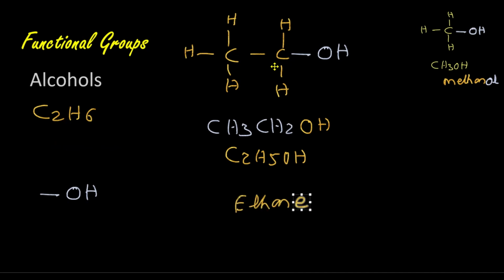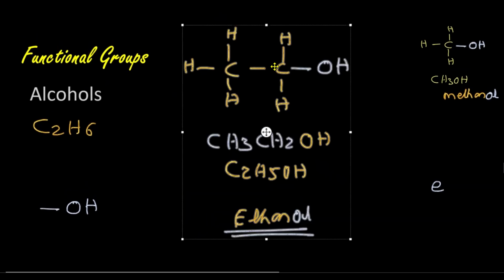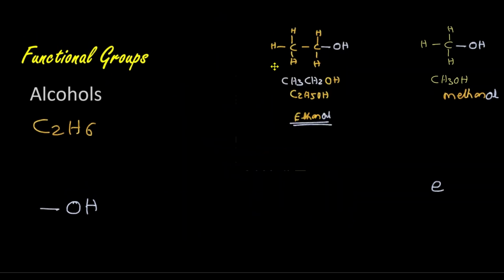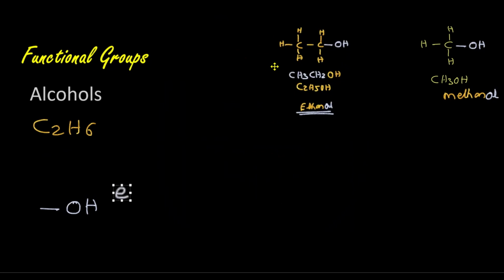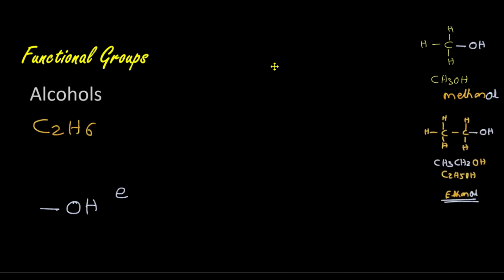Now, this E will be replaced by the suffix OL, and the name of the compound will become ethanol. And that's how the second member of this homologous series is made. Well, the term homologous series will be clear. You just have to remember it's a series of compounds having the same functional group. We made ethanol.